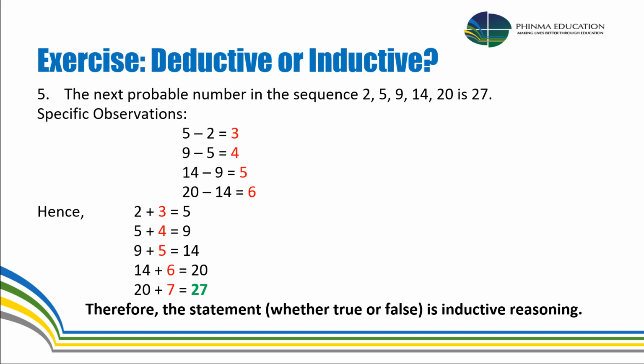So therefore, the statement, whether true or false, is inductive reasoning. So that would be our discussion for lesson 3, differentiating the two reasonings, which are deductive and inductive reasoning.